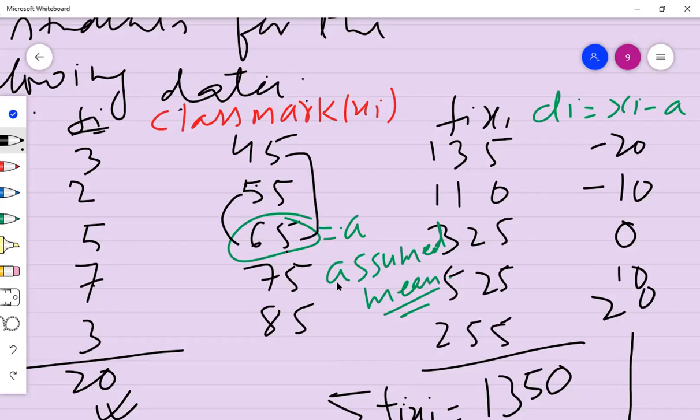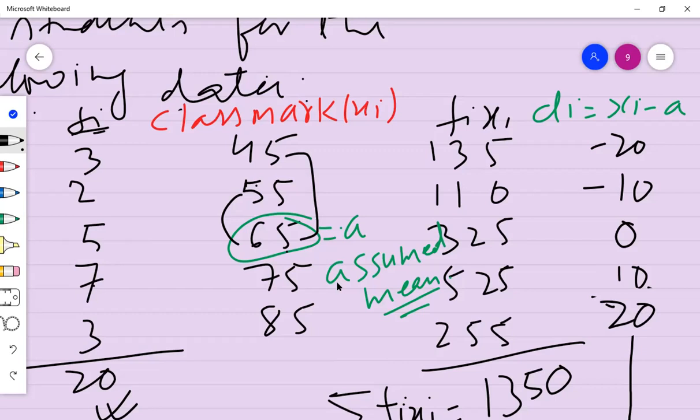Because it is in the middle, right? Yes, it's in the middle. So we have subtracted this value. See, mean is about central tendency, so it is the difference between the central number and the observation.